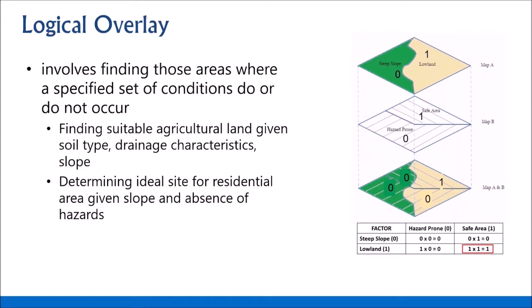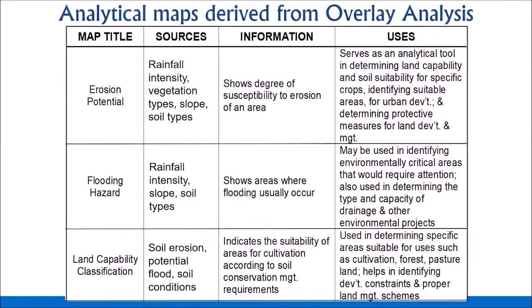So for example, here we want to find the suitable agricultural land given certain criteria of soil type, drainage characteristics, and slope, and also determining the ideal site for residential area given the slope and absence of hazards, as shown here on your right image. So these are also some analytical maps which can be derived from overlay analysis.